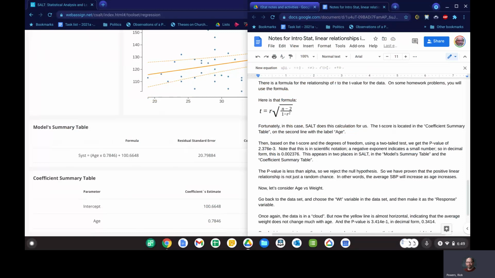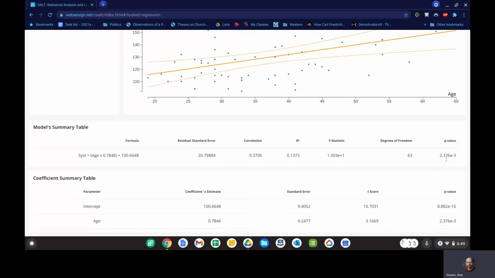So in decimal form, this is 0.002376. The decimal point moves 3 places to the left when it's e negative 3. This appears in 2 places in SALT. In the model summary table, right over here, and in the coefficient summary table, it's the same number down there, across from the word age.